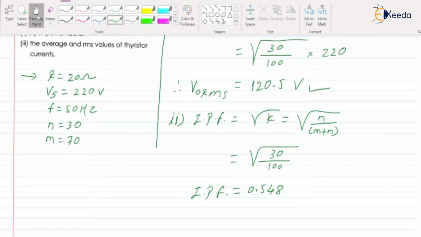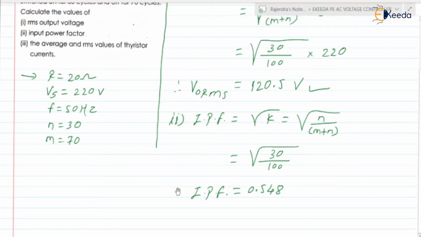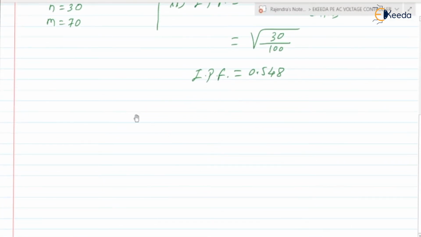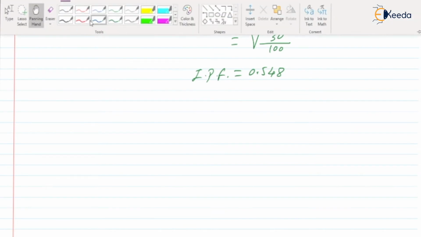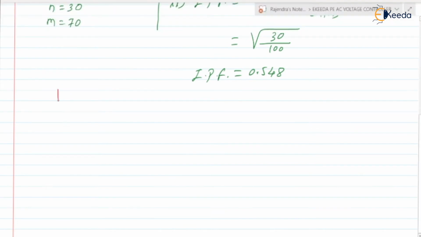In the third bit, they ask for the average and RMS values of the thyristor currents. So can we draw the waveform for the thyristor currents? Yes. Suppose we draw the waveform for thyristor T1 current, that is IT1. Suppose this is omega T equal to 0. Thyristor T1 will be in the on state only during the positive half cycle.